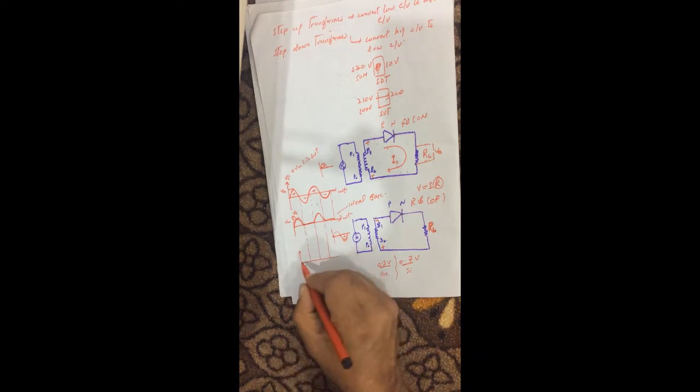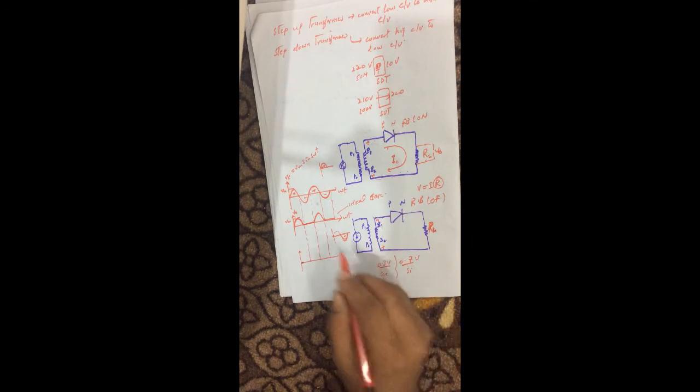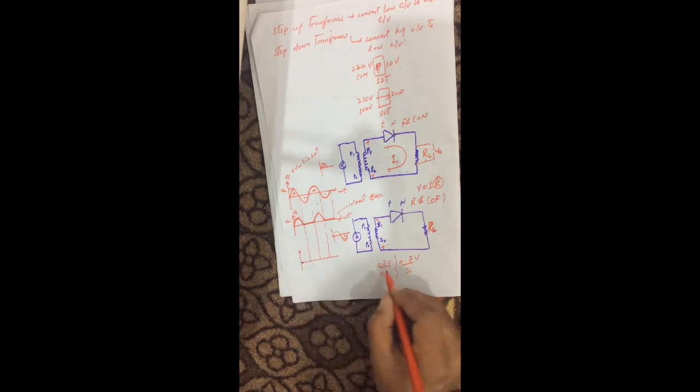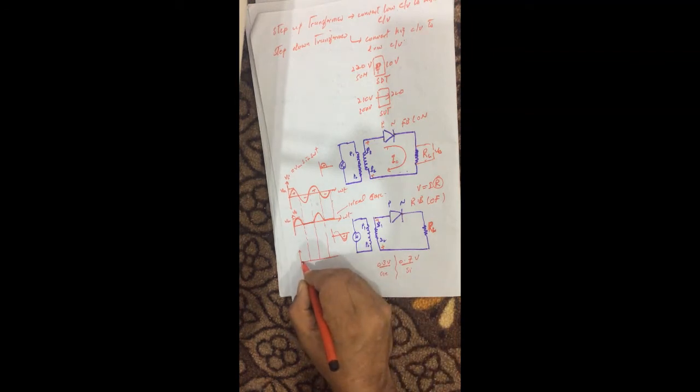So after that, if the input source is greater than 0.3 volt or 0.7 volt, then we have a flow of current.